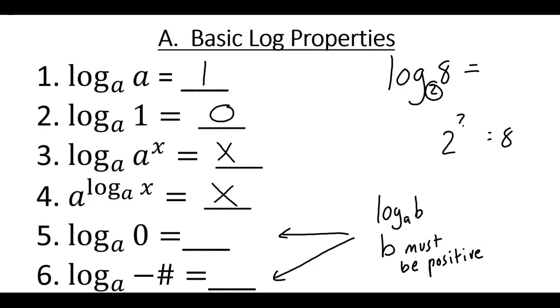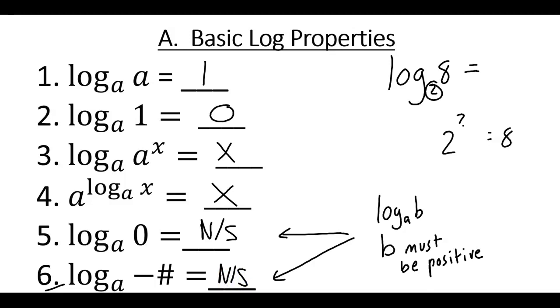If you tried it on a calculator and put in a negative number, the calculator would say error. The reason is that if I asked A to what power equals 0, there's no answer. You can't raise a number to a power and ever get 0, and assuming A is positive, which it always is, you couldn't get a negative either. So these numbers can only ever be positive. If you ever see a 0 or a negative number here, those are no solution.